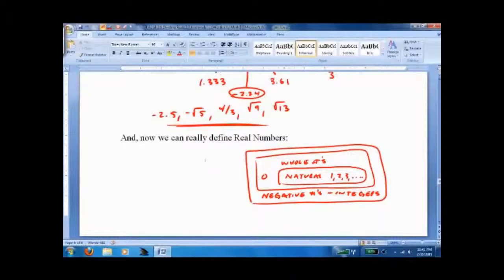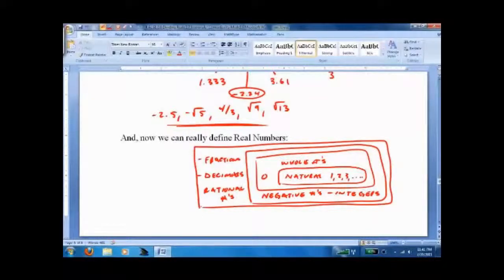And then we put in fractions, which, as we quickly found out, can be written as decimals. Called that the rational numbers. We put a bigger box around that.